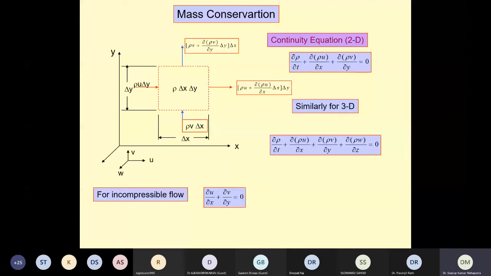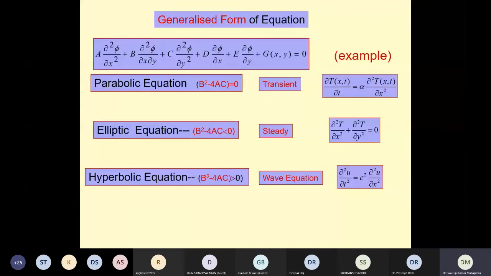So my point is this: at the end, all these equations, whether momentum, energy, or mass, lead to the solution of a partial differential equation.